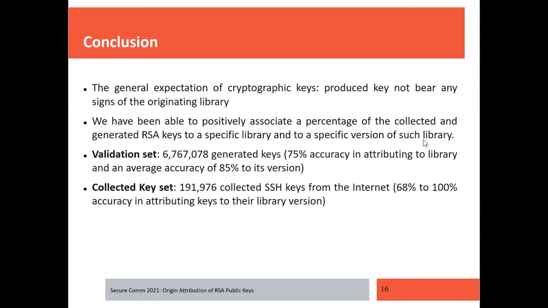The validation set that we used is 6.7 million keys that have been generated with 4 different cryptographic libraries on 11 platforms. 75% of the keys can be attributed to the origin library, and also in each library, on average, we can attribute 85% of the keys to their version.